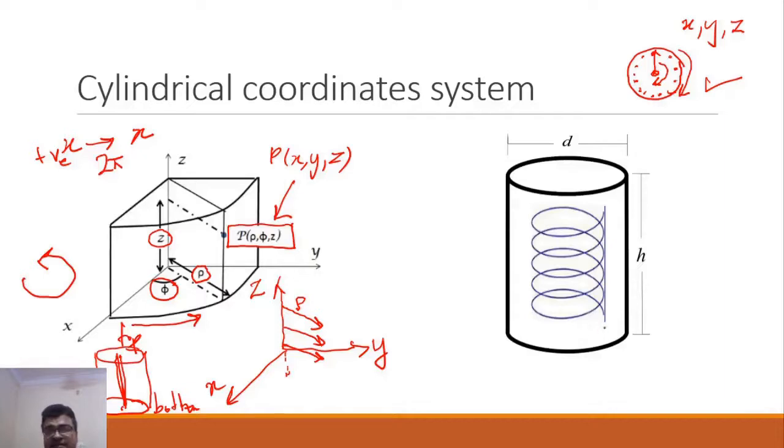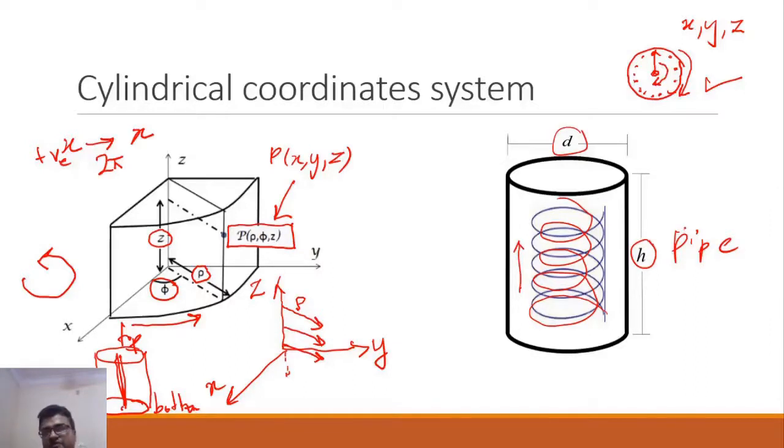But let's say there's a pipe with diameter d and height h. Let's say a particle is moving in a helical direction, where it moves circularly but also displaces itself along an axis.